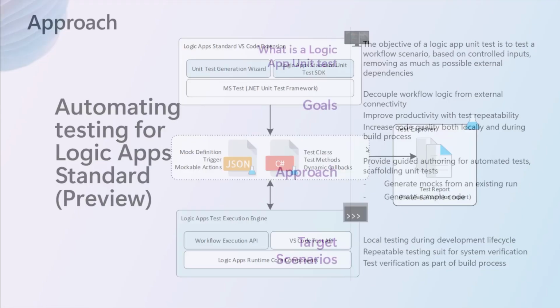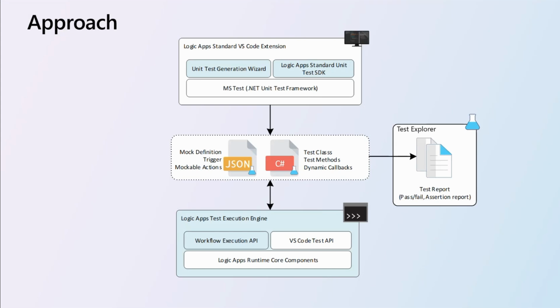So the way that this works is something like that, and after that, again, I'm actually going to show that live, right? Inside of our extension, we included a couple more components. We included what we call the unit test generation wizard that, depending on where you are in the UI, allows you to create that scaffolding code for a unit test workflow, either from a run that you already debugged, similar to that example that we showed before with the zip.